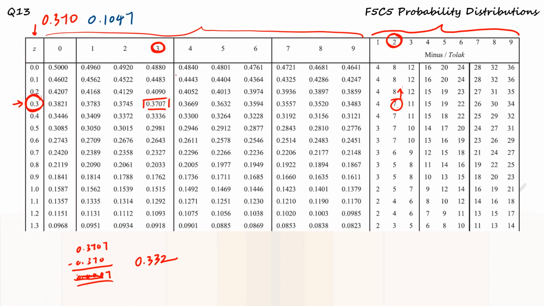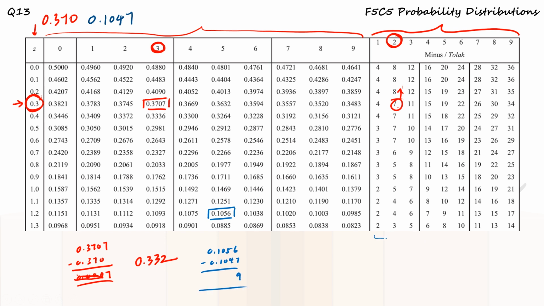Now we need to find the value which is more than but closest to 0.1047, which is this value. Now let us find the difference between these two numbers. By minusing, this would be 9.